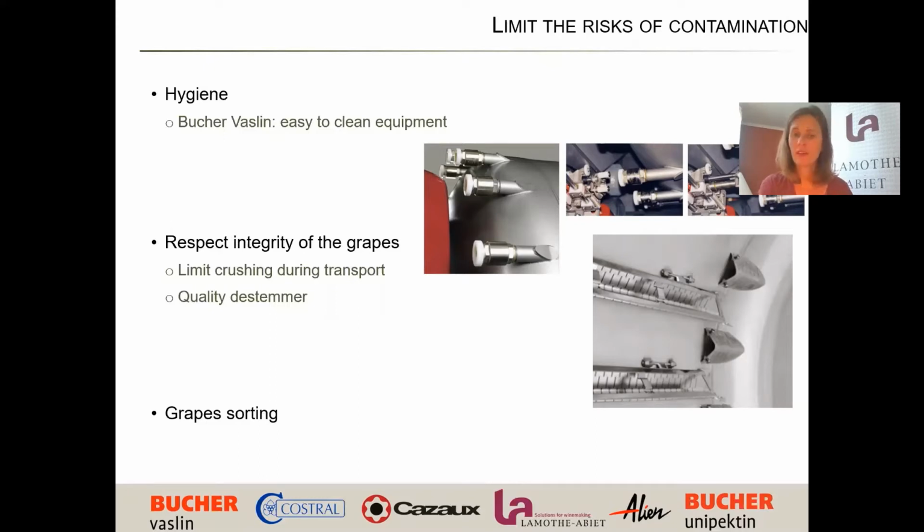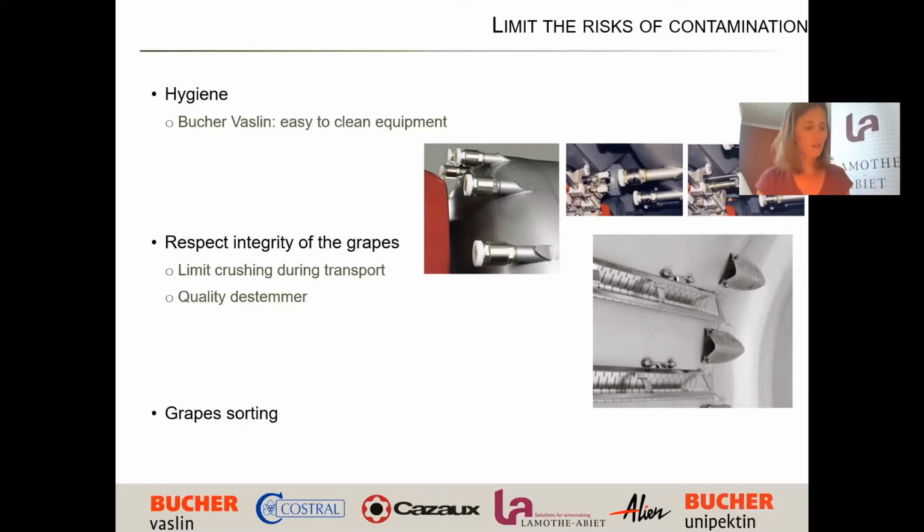Respecting the integrity of the grapes, we already talked about it. Really, the idea is to limit the contact of microbes with the juice and with the oxygen. So we don't put all these elements together unless we really want to. And grape sorting, you can watch many videos on our sorting options. Bucher is a pioneer in sorting technology, so we have every type of technology you could need.